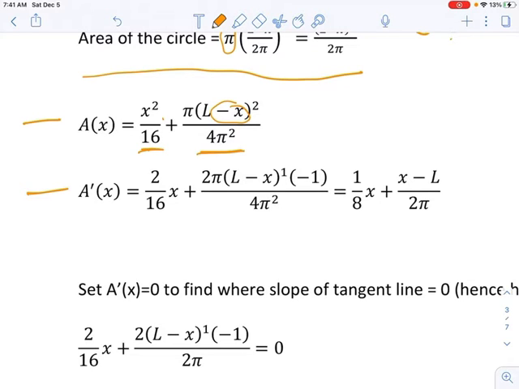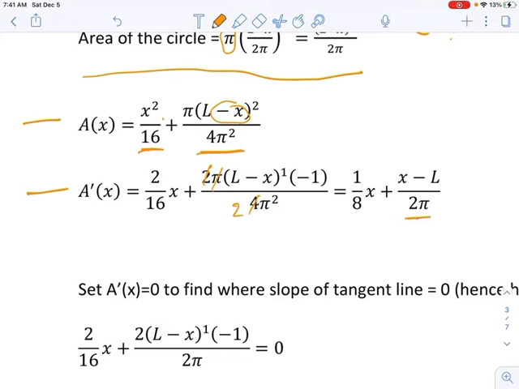So doing a little bit of cancellation here, we have 1/8 x. If you're multiplying by negative 1, I can make that x minus L, and cancel out the 2, and the pi cancels, and you're left with x minus L over 2 pi. Okay, so now we have our derivative.